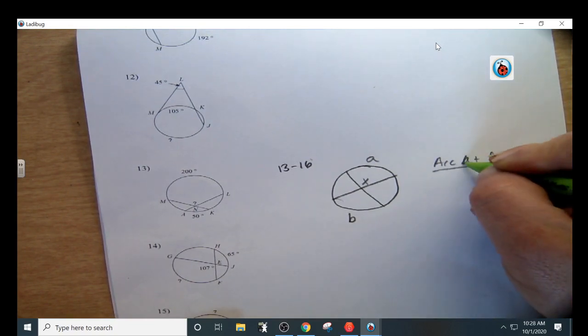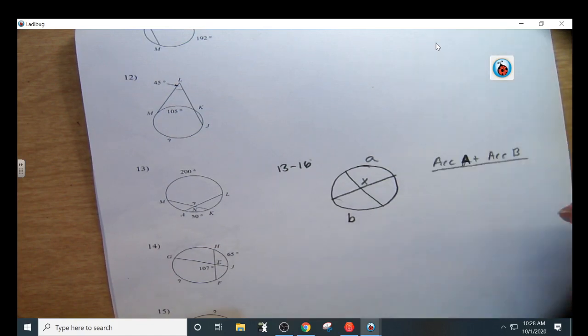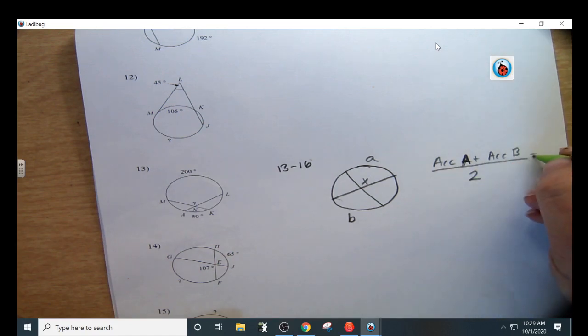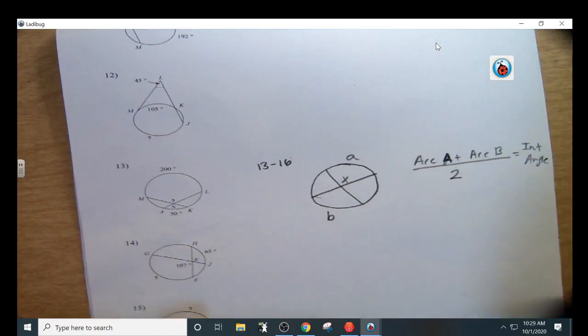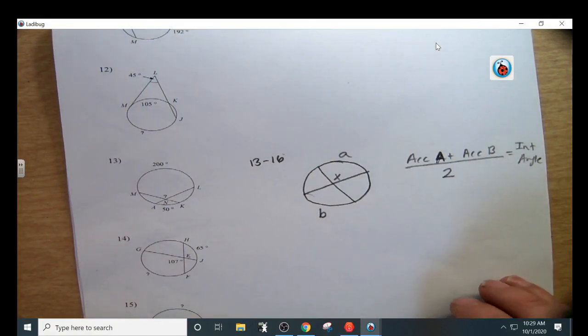Arc A plus arc B divided by 2 equals the interior angle. So it's a lot like the other one, except it's adding instead of subtracting. That's the only difference.